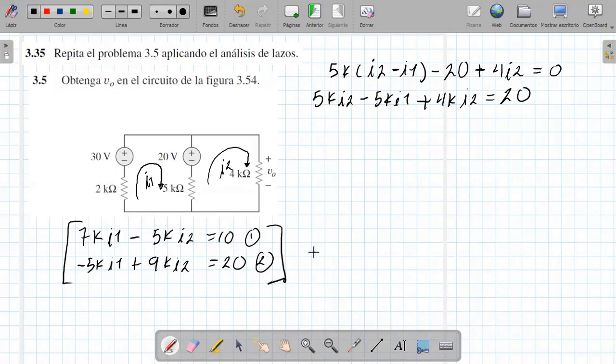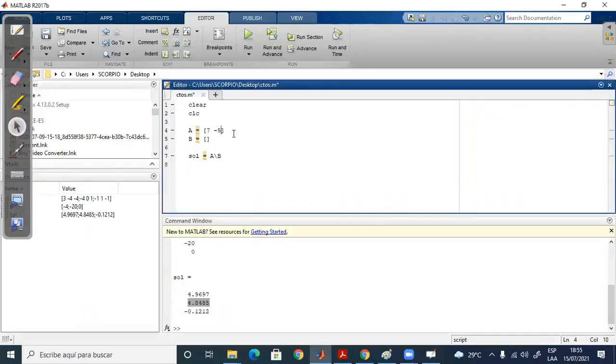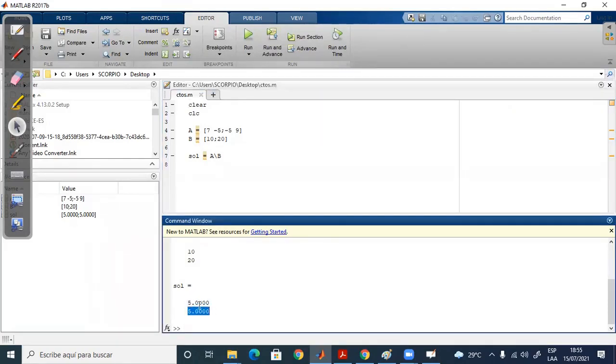Okay. Let's use MATLAB. We are going to put here 7 space minus 5 semicolon minus 5 space 9, and the equal would be 10 semicolon 20. Well, the space after the semicolon is necessary. I put it here and it gives me 5 and 5. Well, here I was wrong about something. Well, it's not that I'm wrong, because one understands here.